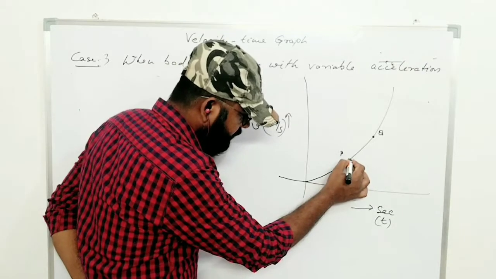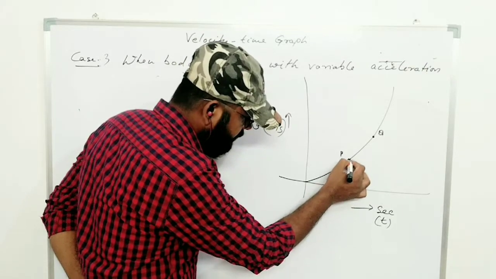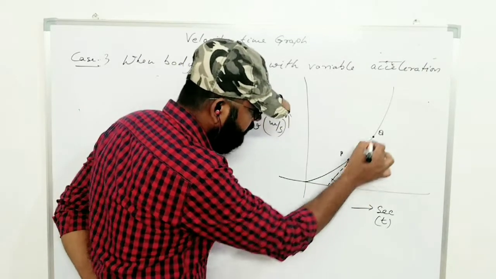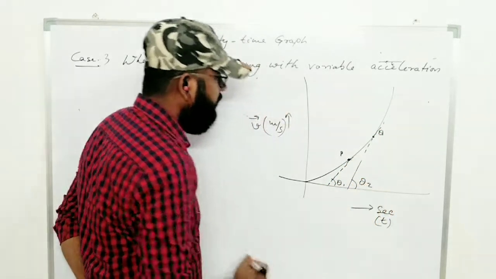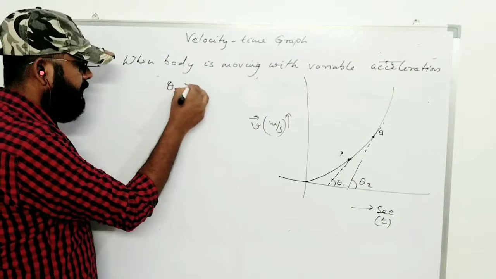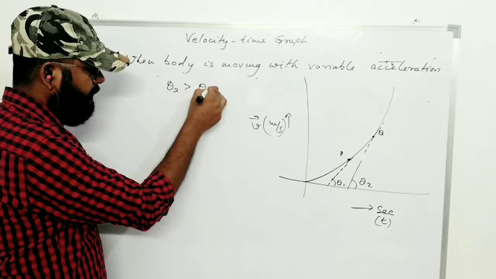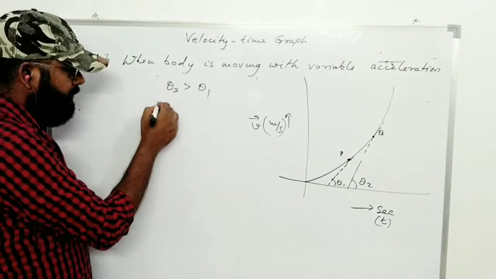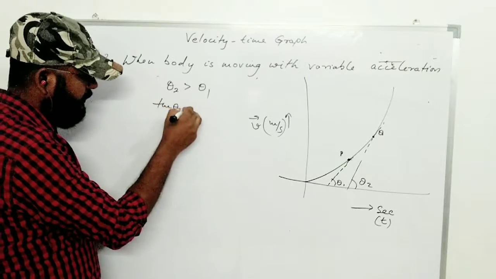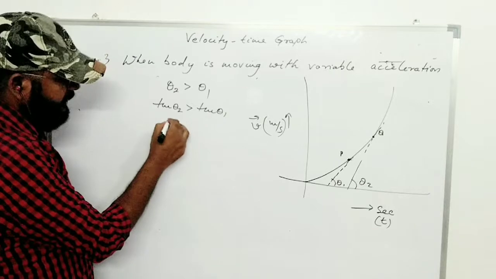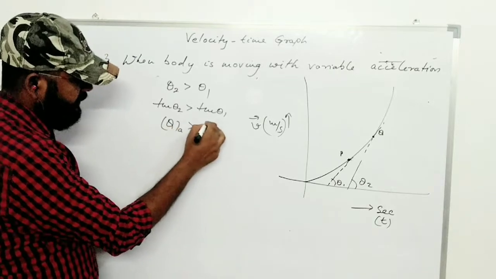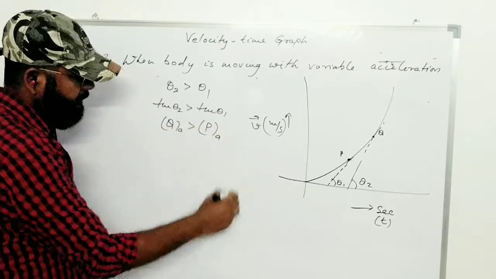Like this, you take the tangent here, suppose this is theta 1 and from here this is theta 2. See here theta 2 is greater than theta 1. Okay, so tan theta 2 is greater than tan theta 1. It means acceleration of Q is greater than acceleration of P.